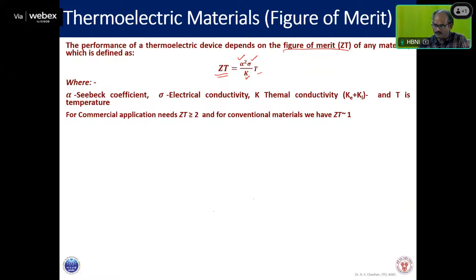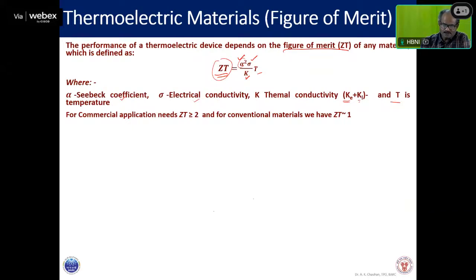ZT is defined for any thermoelectric material, where alpha is the Seebeck coefficient, sigma is electrical conductivity, K is thermal conductivity, which includes two parts, an electronic part and a lattice part. I will explain later also. And T is the temperature. This multiplication by T is done to make it dimensionless. So ZT has no unit, it is a dimensionless quantity.